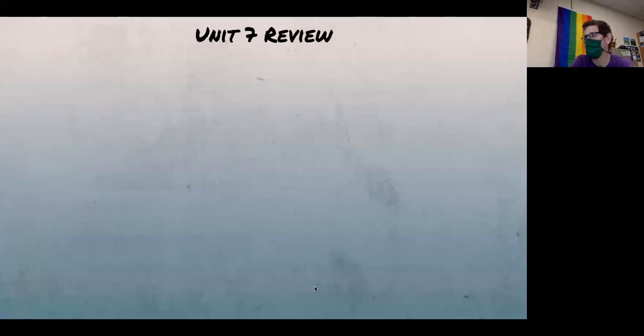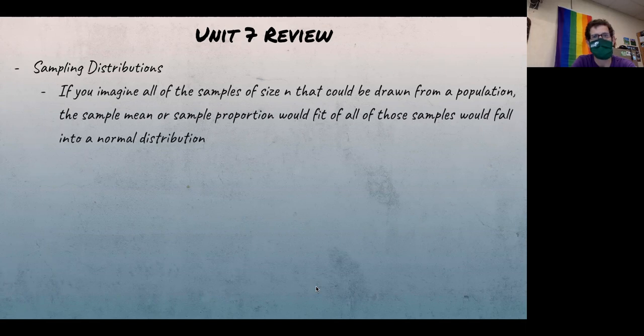Unit 7. This is kind of an oddball unit. It was really the beginning of everything dealing with inference, because what we're talking about is sampling distributions. And the idea behind it is that when we are looking at inference, we're not looking at one specific variable value from a specific person in the population.